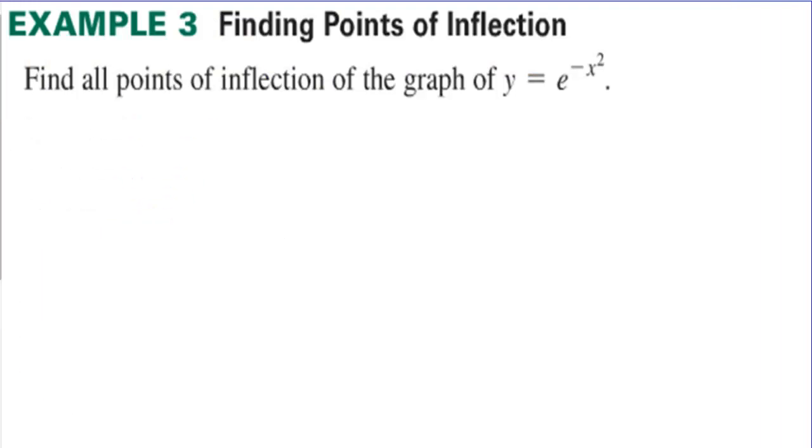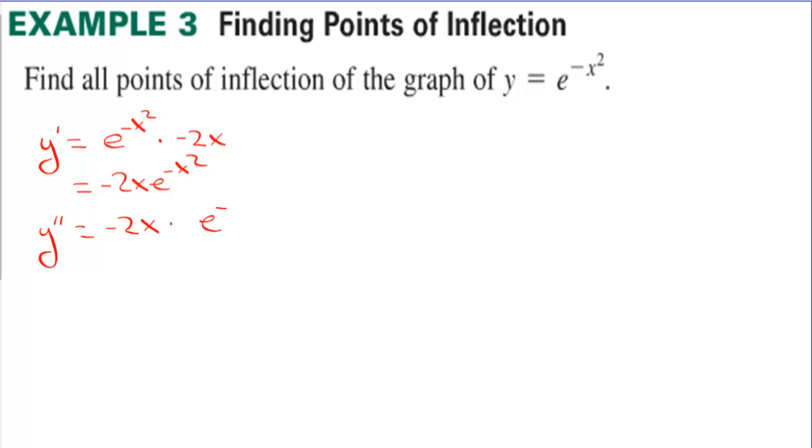Finding points of inflection. Find all points of inflection of the graph of y equals e to the negative x squared. The first derivative is e to the negative x squared times negative 2x. So let's rewrite that as negative 2x e to the negative x squared. The second derivative is the first times the derivative of the second, times negative 2x, plus the second times the derivative of the first, which is negative 2.